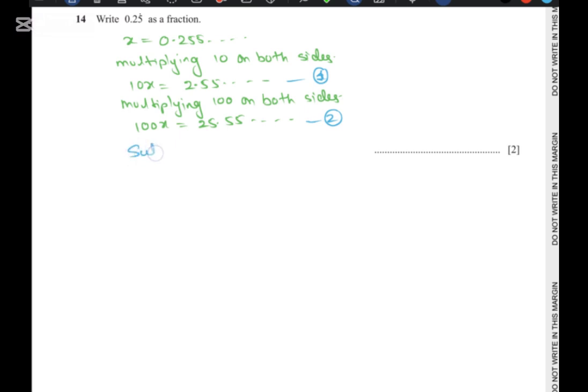Subtract 2 minus 1. So 100x minus 10x is equal to 25.55 minus 2.55. We get 90x, because 100 minus 10 is 90.